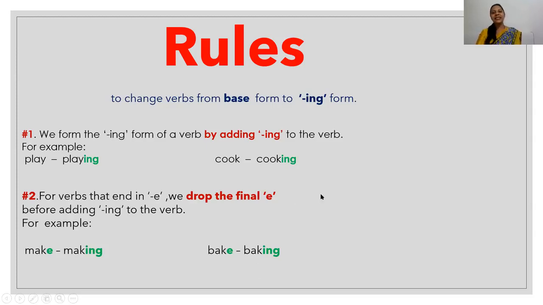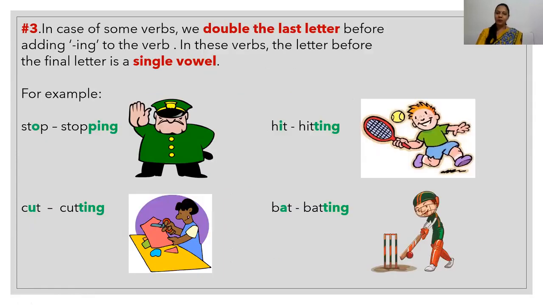Now, let us learn few more rules to change the base form of verbs to their ing form. Third rule, in case of some verbs, we double the last letter before adding ing to the verb. In these verbs, the letter before the final letter is a single vowel.